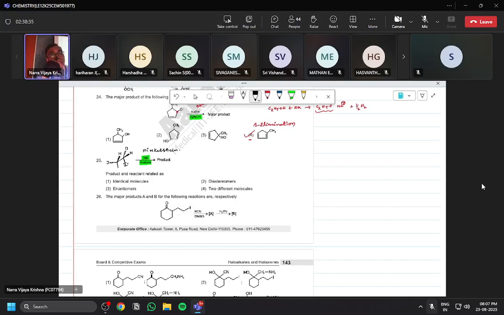In Finkelstein, alkyl chlorides and alkyl bromides are replaced to form alkyl iodides. Here you have given already iodine, right? Let me write.